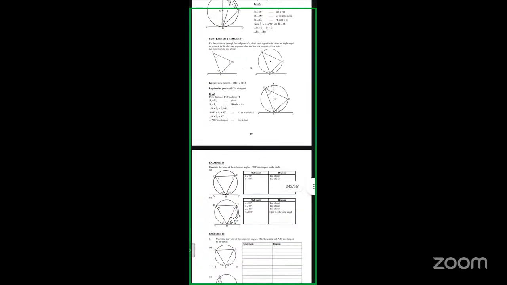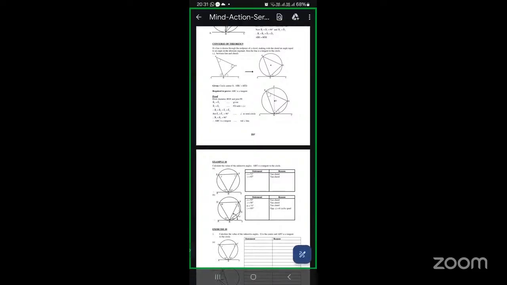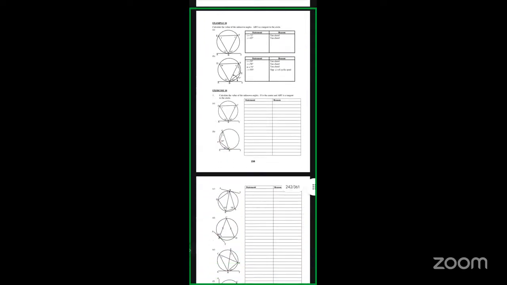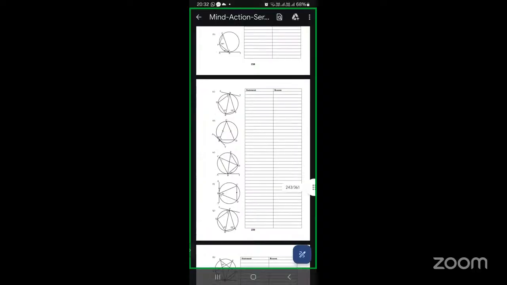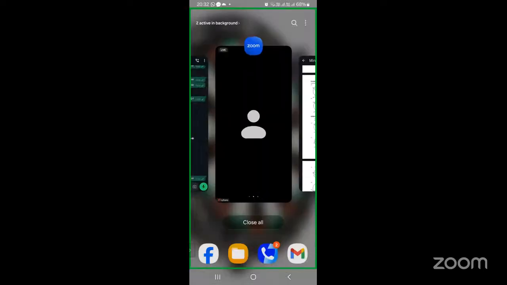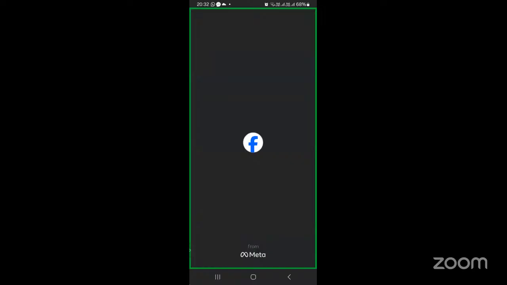Then I think now I should just show you how to use these theorems, maybe with a complex question. I think I have something right here. Where is it?